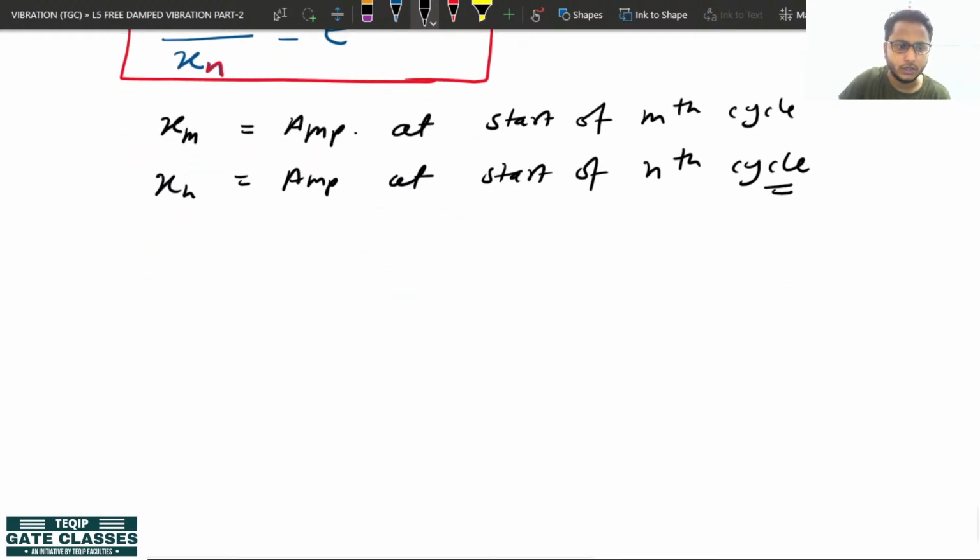Now I'm going to give a question, a numerical problem on this logarithmic decrement.